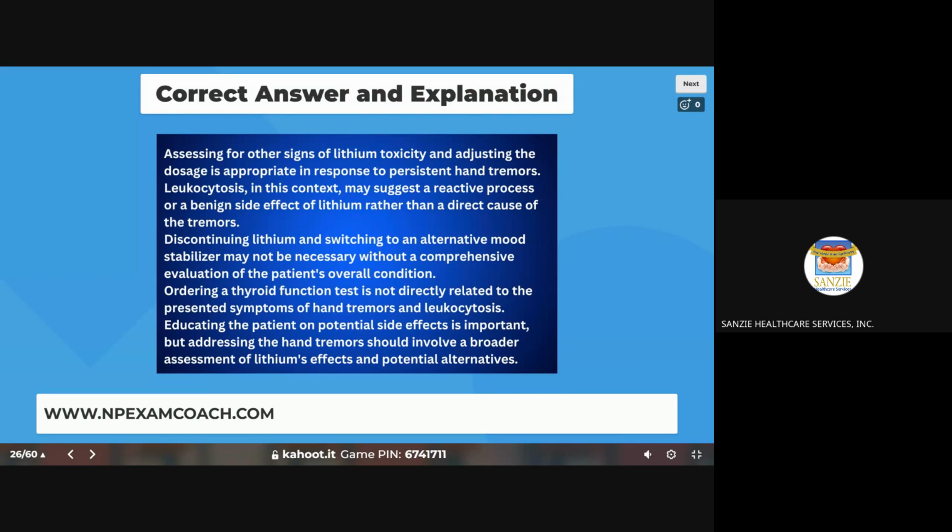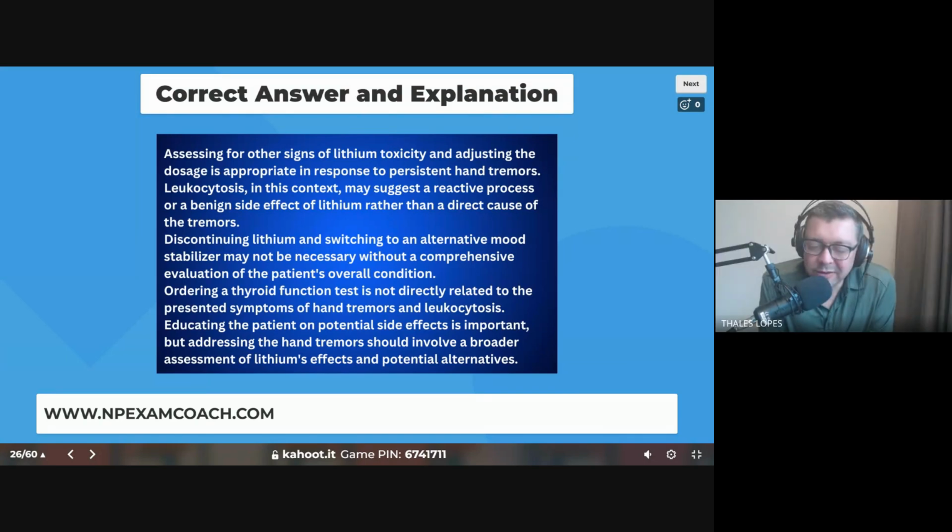So really, it was a mix of both. This question would not be a valid question, right? Because you want to titrate the dose anytime you see a high lithium level presentation. But the first thing you're going to do is really stop the medication, especially for the test.